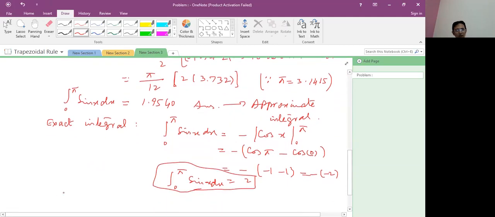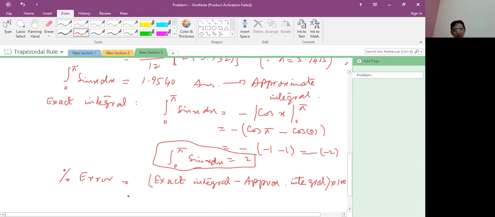After that, if you find the percentage error, we apply the formula: exact integral minus approximate integral value, and multiplying by 100. Then we find the error.